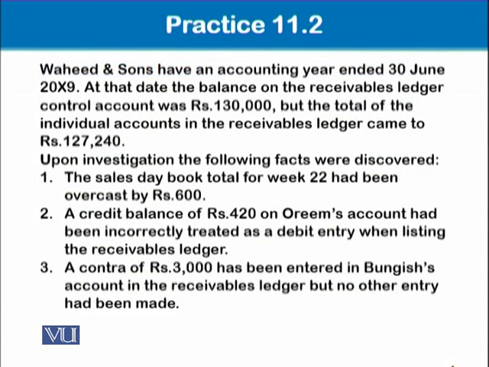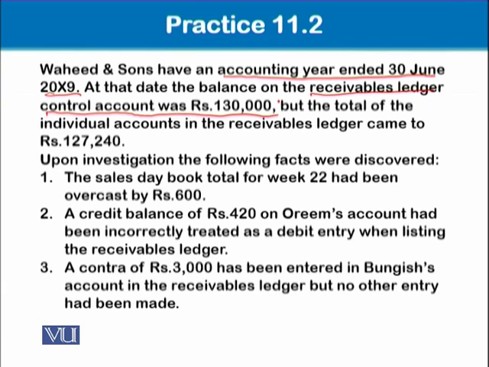So let's see a practice question in which we have some information about Wahid and Sons. They have an accounting year ending on 30th of June 2009, and at that date the balance on the receivable ledger control account, remember here we are saying receivable ledger control account, was 130,000. This is the same as the debtors ledger control account or debtors control account.